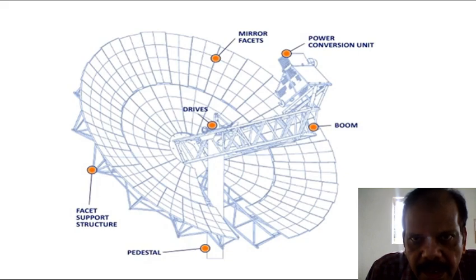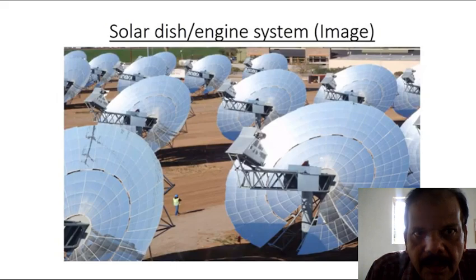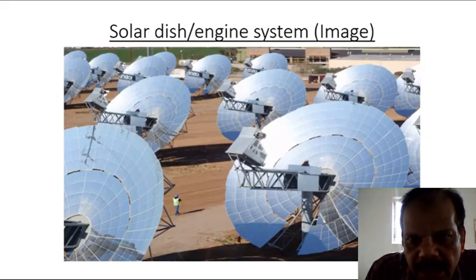So this is the arrangement of a solar dish collector which focuses all the incident energy onto a single focal point, and at the focal point a Stirling engine is installed for the functioning. This is an original image of a number of dish type solar collectors fitted with engines.